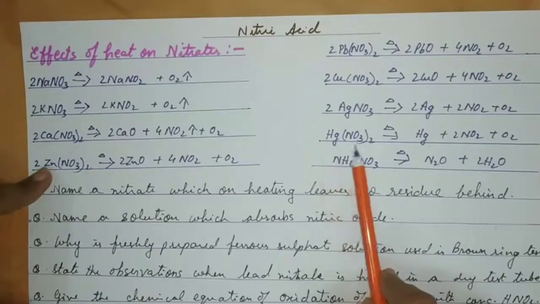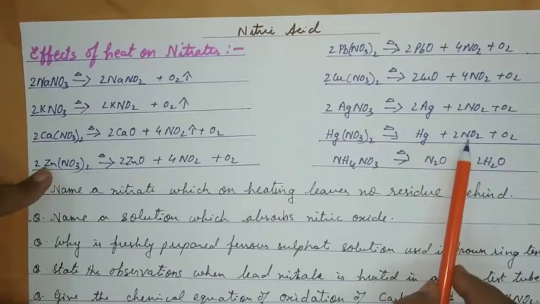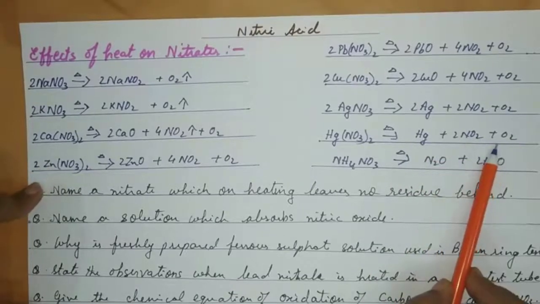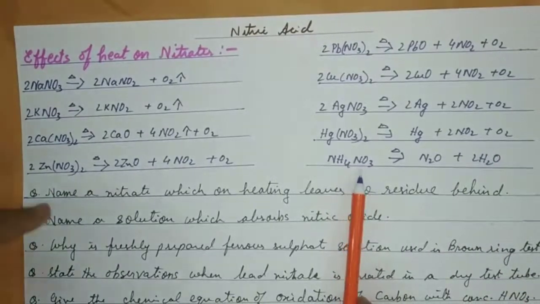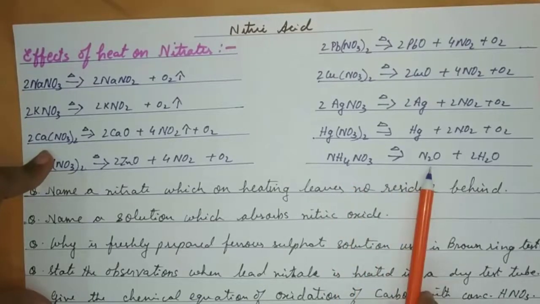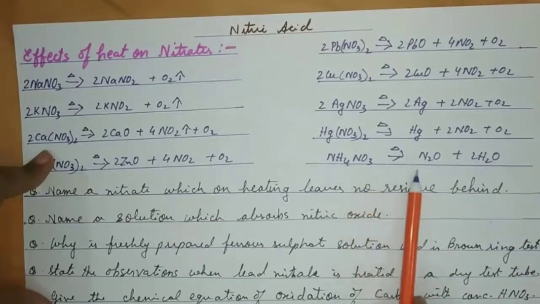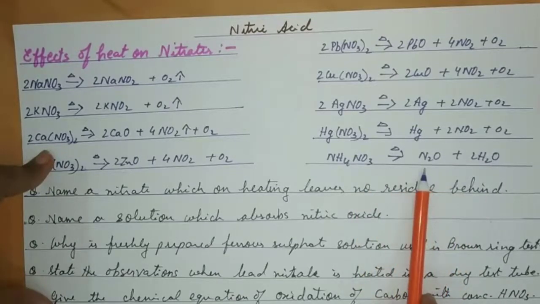And mercury nitrate will give you mercury, silvery grey and shiny, nitrogen dioxide and oxygen, as we just discussed. Ammonium nitrate, we discussed this when we were doing the ammonia chapter. Types of questions also I discussed.